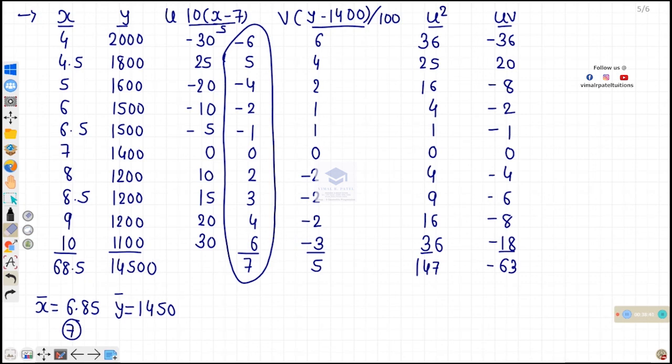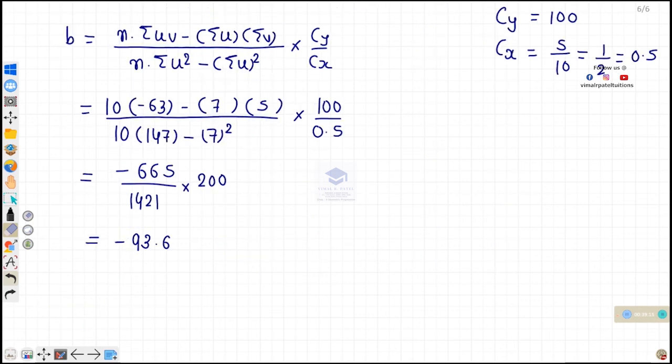6, 4, 2, 1. Then a equals y bar minus bx bar.